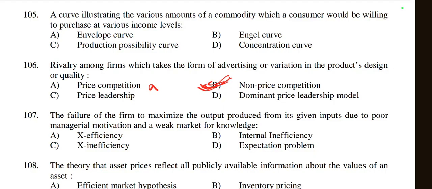Price is the same for all, but there are differences in other things like quantity and quality. So non-price competition occurs when firms compete using factors other than price, such as advertisement, product design, quality, customer service, branding. These happen to differentiate their products and attract consumers by different methods. So this is called as non-price competition.